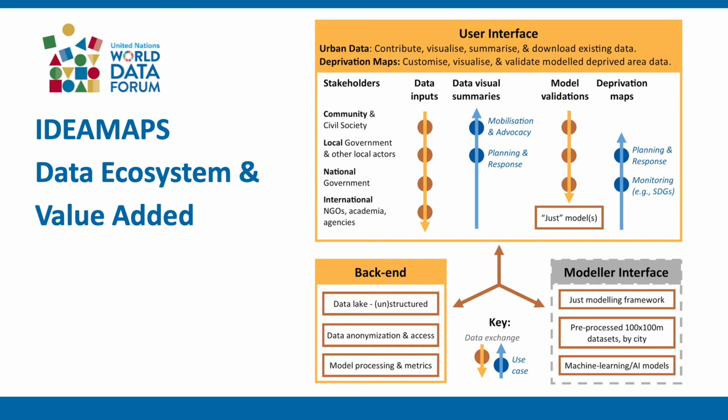The basic concept here is that all of the different stakeholders can put data into the system. For example, community and local governments provide a really important input, which is the boundary of neighborhoods, and those neighborhoods are classified as deprived, not deprived, or somewhere in the middle. And in return, the exchange immediately is a bunch of other data that are summarized from all of the data that we take from satellite imagery, census, et cetera, on the back end.